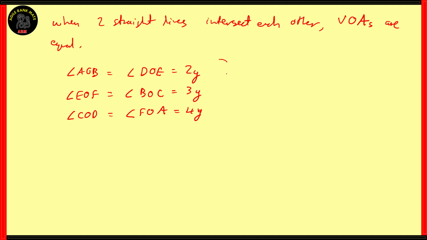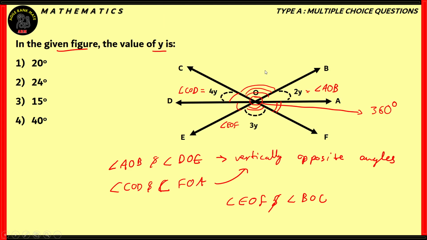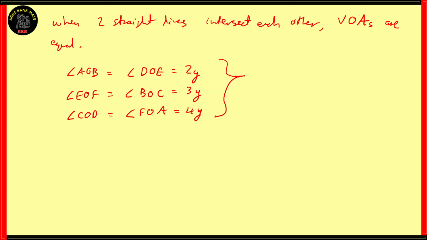So from here, we can find out the complete angle. Basically, we know that the complete angle will be AOB plus BOC plus COD plus DOE plus EOF plus FOA. So let's write that down.